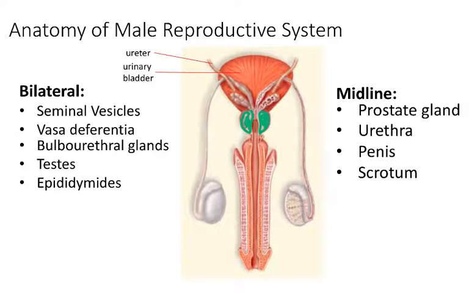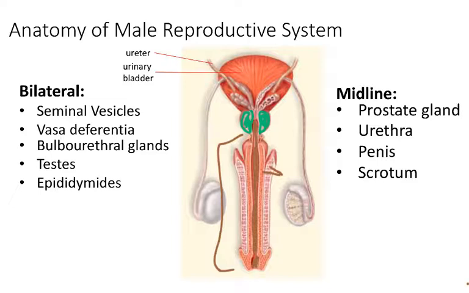This would be called the prostatic urethra, and then we've just got the urethra. This whole thing is the penis, and the scrotum isn't shown here because the two testes are separated. And you've got the two different kinds of erectile tissue here as well.